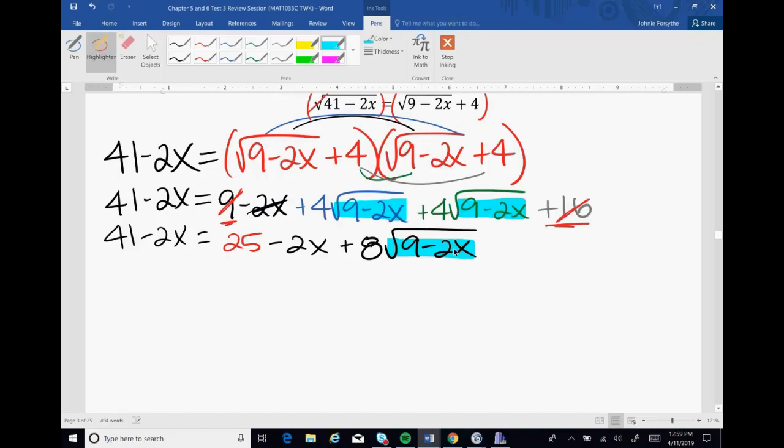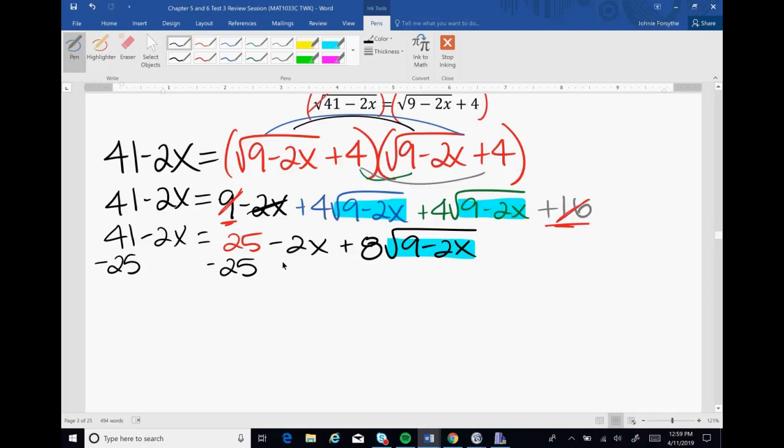Okay? So now our goal is to eventually get this square root by itself so we can square that side and then eventually get rid of all the square roots. So to start that, I'm going to move everything except for the term with the square root to the other side. I want to get that square root by itself. So I can, let's see, I can subtract 25 on both sides. I'm going to subtract it from the 41.